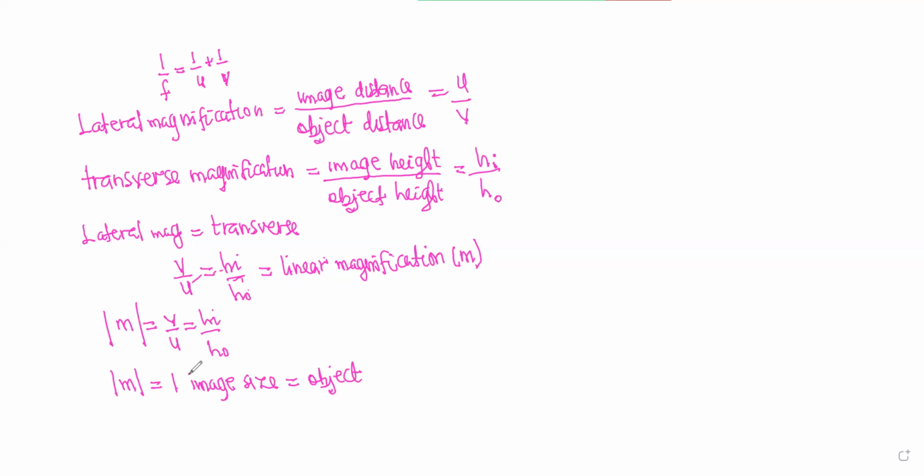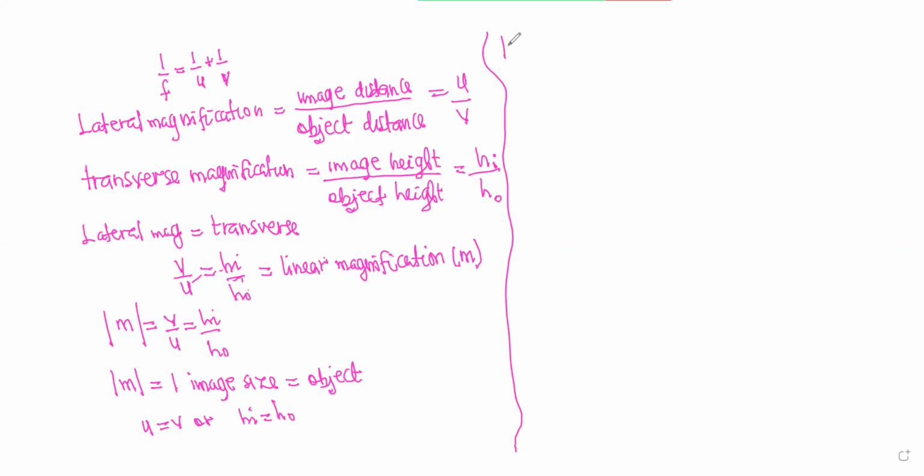This is what happens in images formed by plane mirrors. For images formed by plane mirrors, linear magnification is equal to 1, meaning that U is equal to V or HI is equal to HO. So when the magnitude of linear magnification is 1, that is what it means.